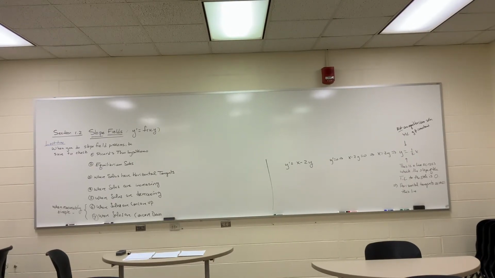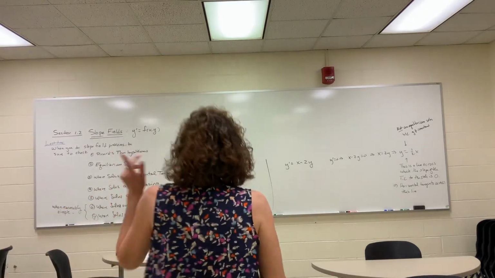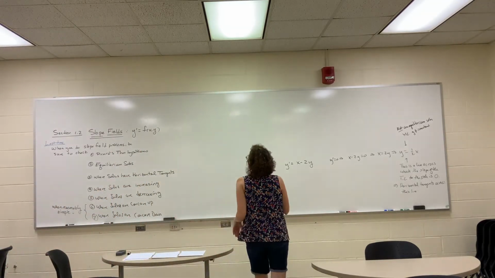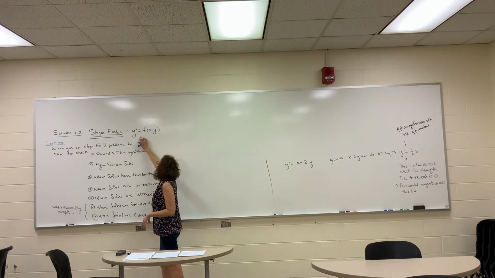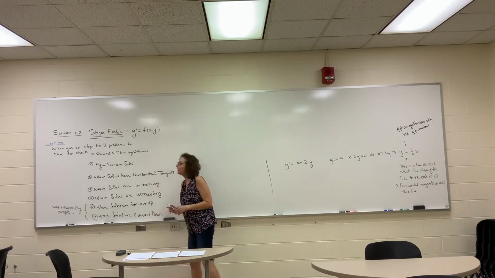So, welcome back. Last time we were talking about slope fields for first order ODEs of the form y prime is some function of x and y, the independent variable and the dependent variable. The unknown function is y of x.